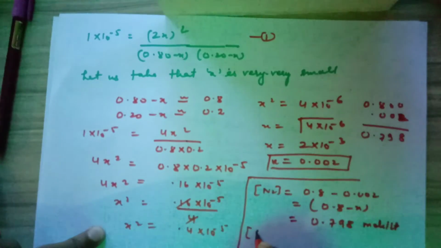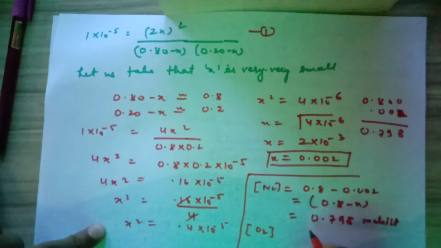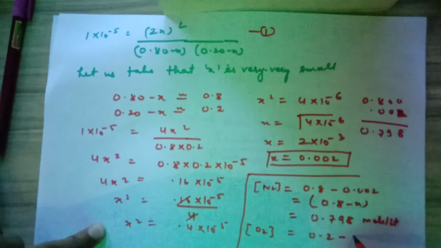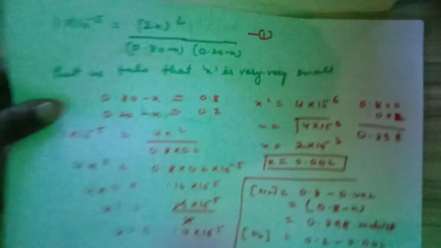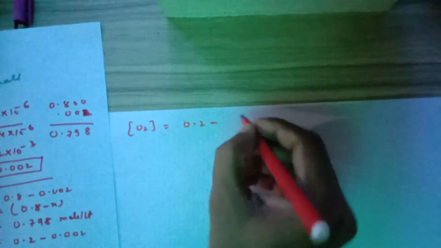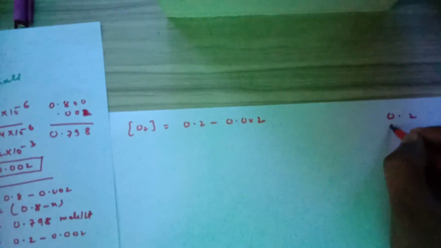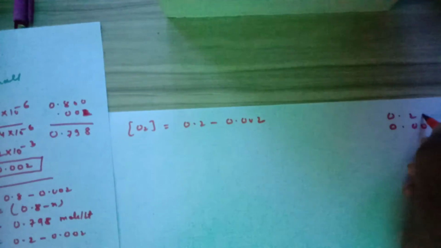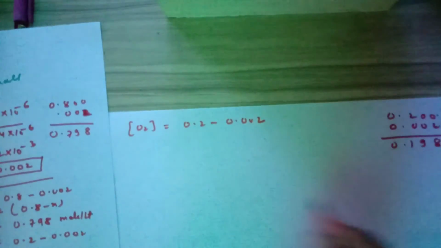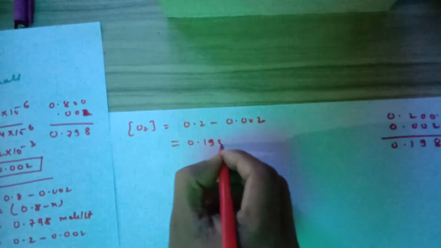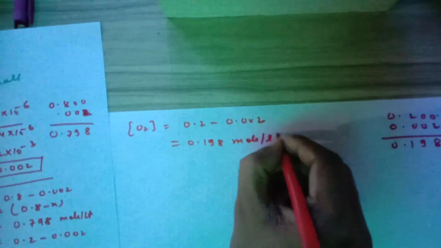For O2, it will be 0.2 minus 0.002, which is 0.198 mole per liter.